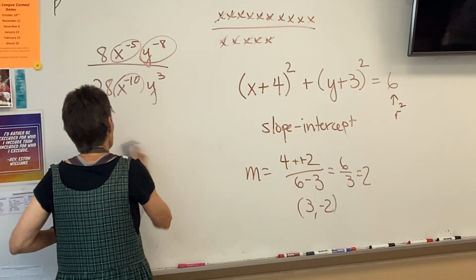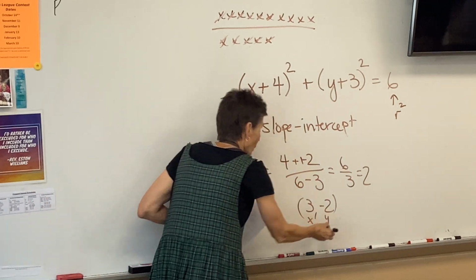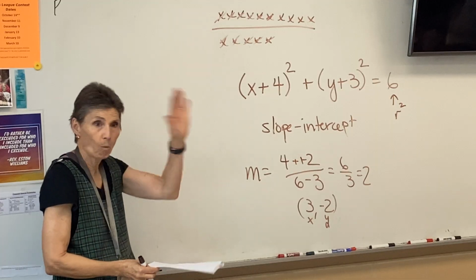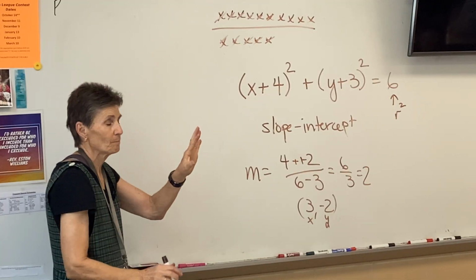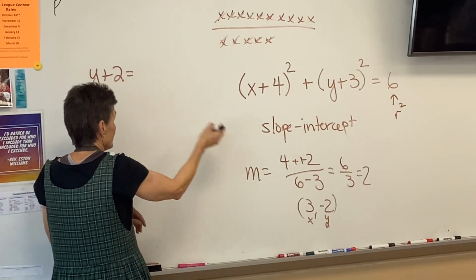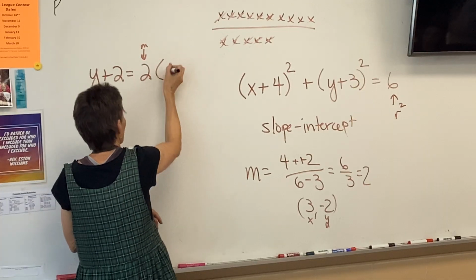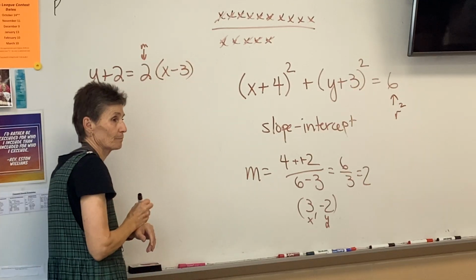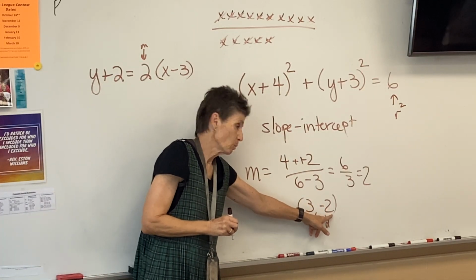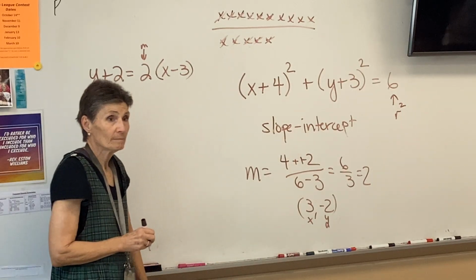So Ryan and everybody, be super careful. This is x and this is y. And x's go with x's and y's go with y's, always, no exceptions. So y plus 2 equals 2, that's my m, x minus 3. y minus that equals m, x minus that, right?